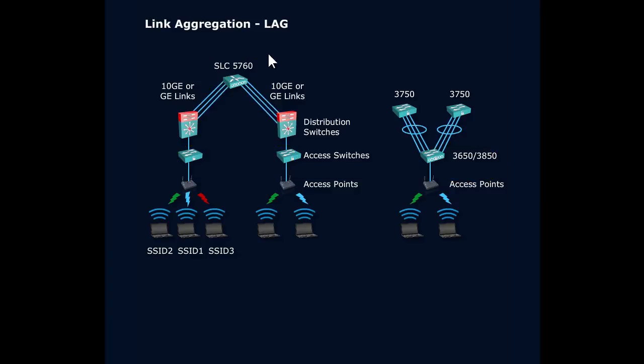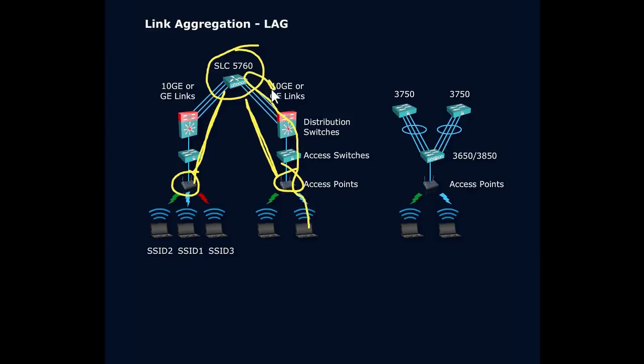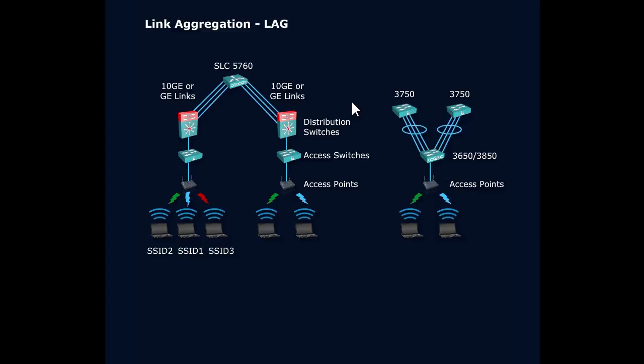Or I could be just running this in a centralized mode, in which case our access points are actually building CAPWAP tunnels all the way up to that 5760 kind of sitting at the top of the heap there. And again, when they do that, the content works its way up through here and then exits using some pretty high speed capabilities, right? I've got a 60 gigabit exit point for all my wireless traffic, leaving out those CAPWAP tunnels. So very powerful point of egress. All right, just something else to think about in terms of the switch aspect of our devices.